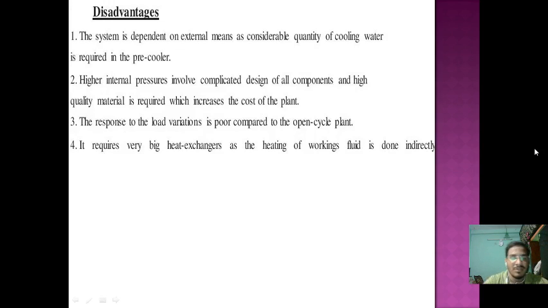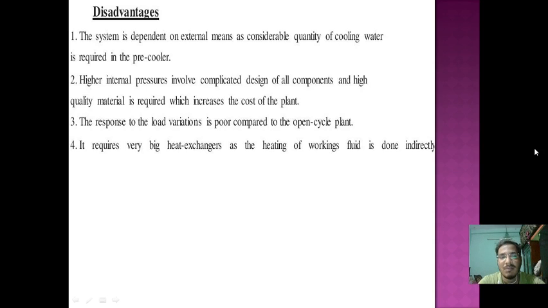Disadvantages of this system: everything has some advantages and disadvantages. The disadvantage is that a considerable quantity of cooling water is required in the pre-cooler. Here an external cooling jacket will be there, as per the cooling requirement.